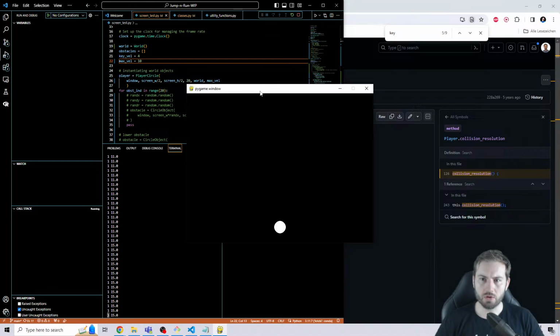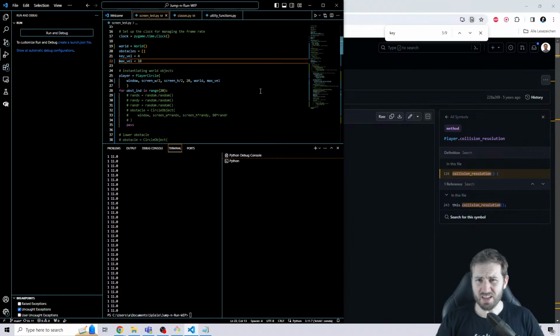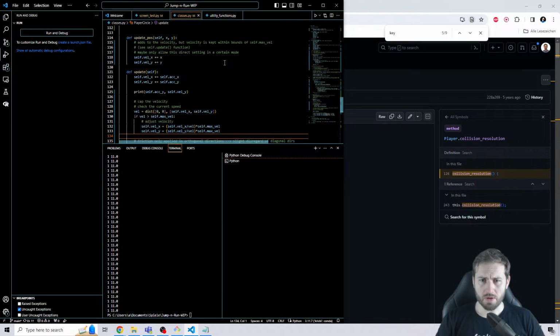Okay. That seems to be the maximum as well, because if I press, it doesn't change the speed. Or actually it does. Looking at the numbers. But no, it doesn't get faster. It's also capped off. Huh? Why?